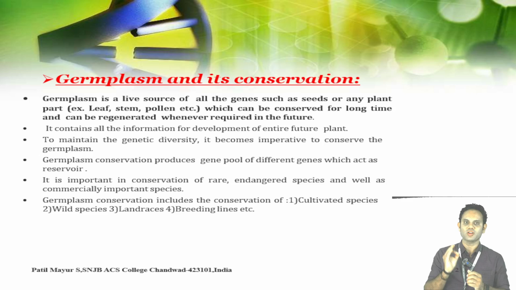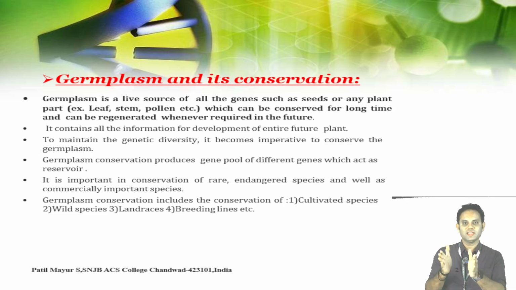So what is the importance of germplasm? It contains all the information required for the generation of the entire future plant. It has all the genetic information. It is the total blueprint of the future generation. Now why is there a need for conservation of germplasm?